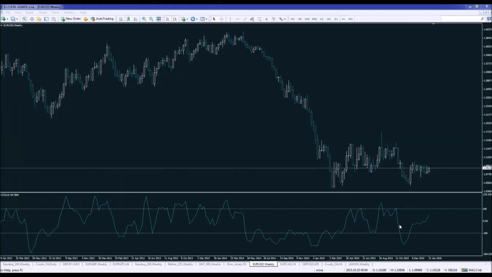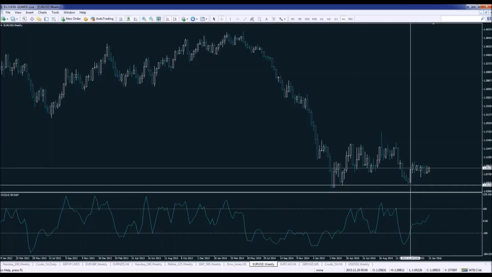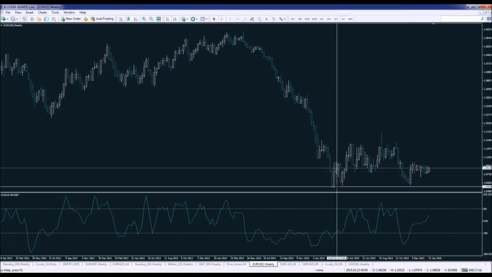But right now, we need to determine what would be the value of the CCI, making our first step into our swing trading system. The correct way to find out is from the two recent lows, like two bottomings here, on 2015, that's March 15, and the extremum of November 29, 2015.